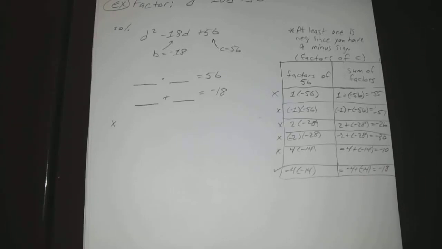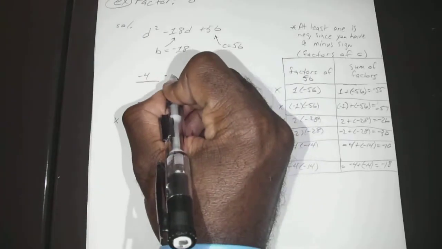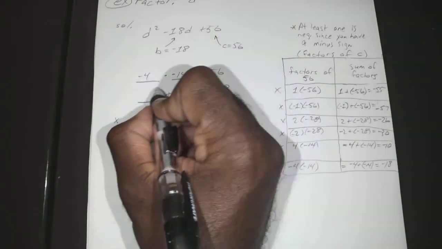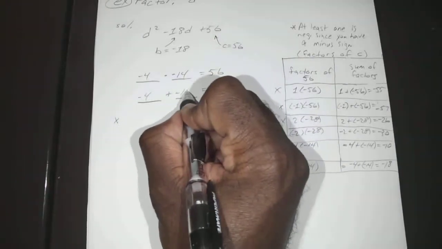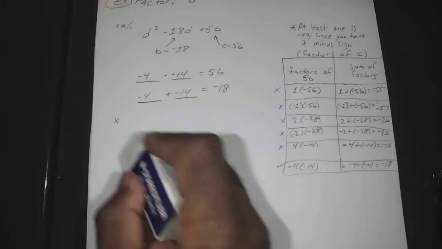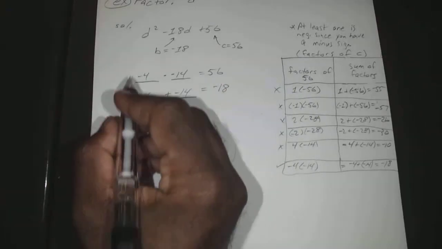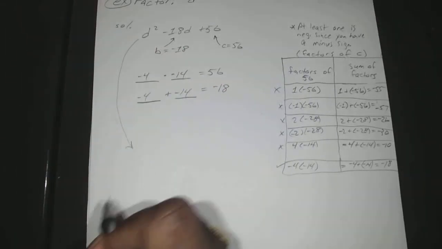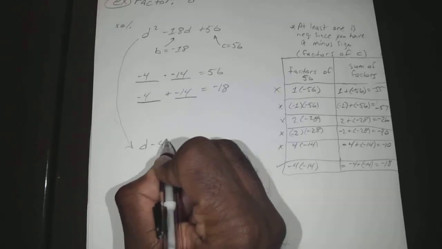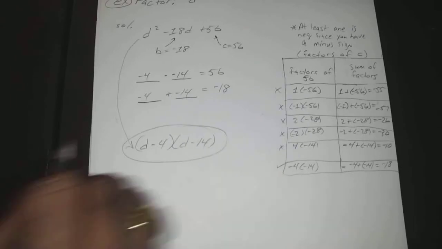So we found one. So negative 4 and negative 14. Okay, so we know that this will factor into d minus 4 and d minus 14.